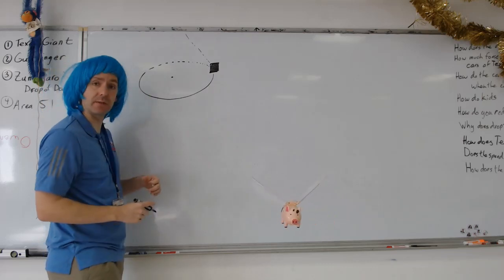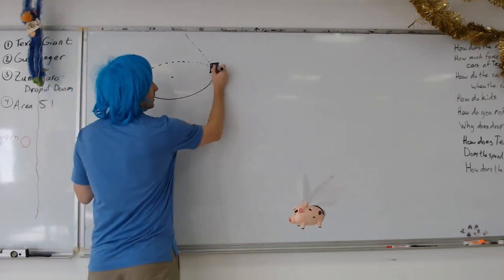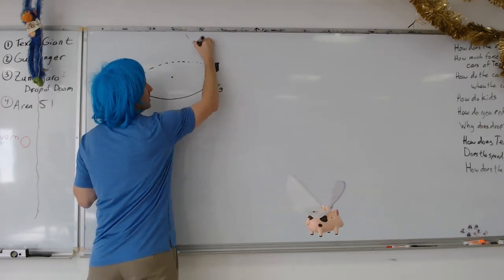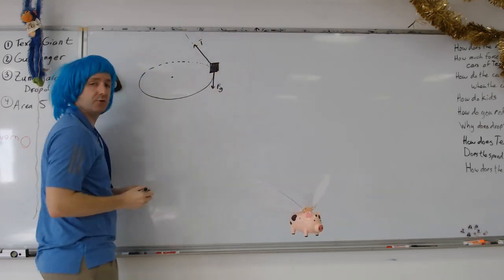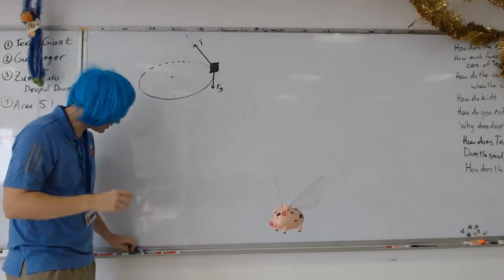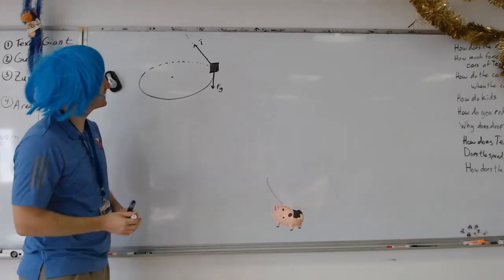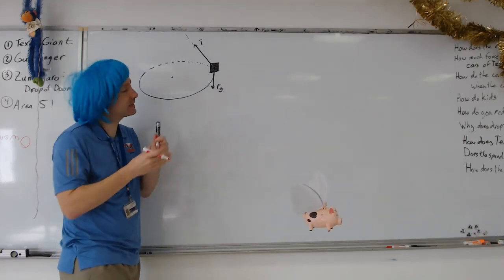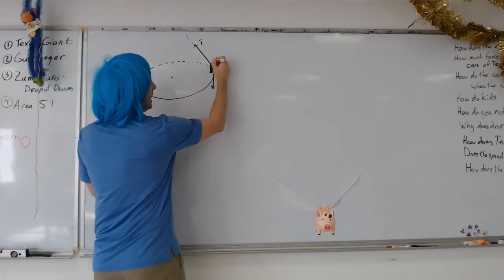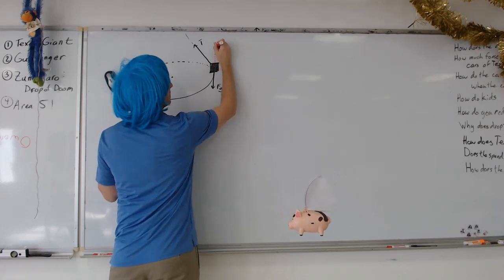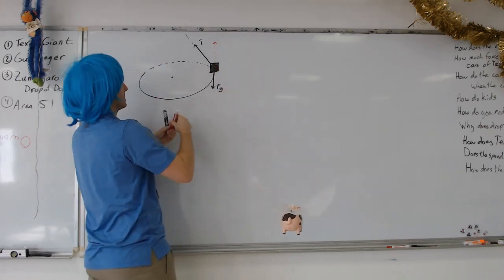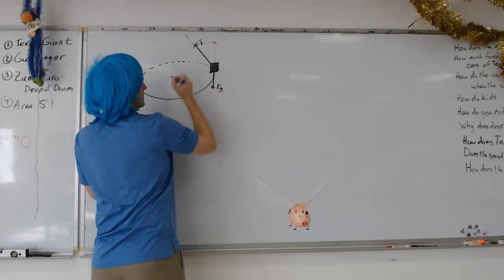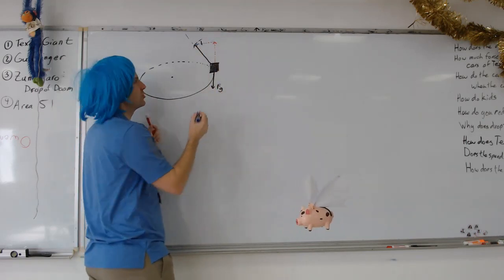What are the forces on the pig? We've got gravity pulling down, and then you've got tension pulling up in the direction of the string. Now, what you may notice, and you remember we talked about this last semester, is that the tension has two components. It has a vertical component, and it has a horizontal component. Some students like to label those.